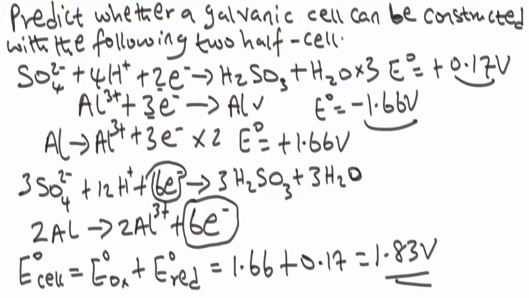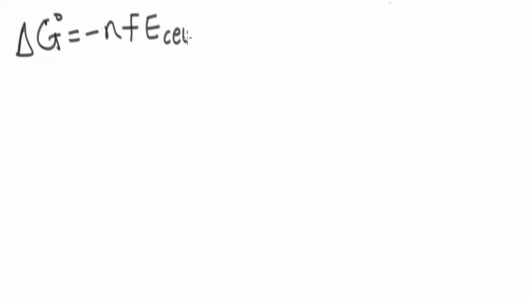The relationship is expressed like this: the change in standard Gibbs free energy equals minus n, which is the number of moles of electrons involved in the redox reaction, times this constant times the standard cell potential. So this is the relationship between Gibbs free energy and cell potential.